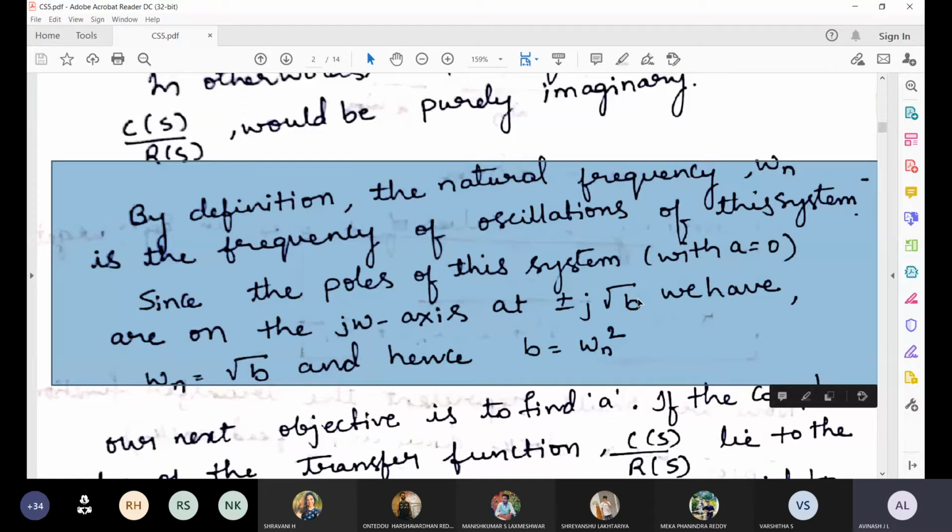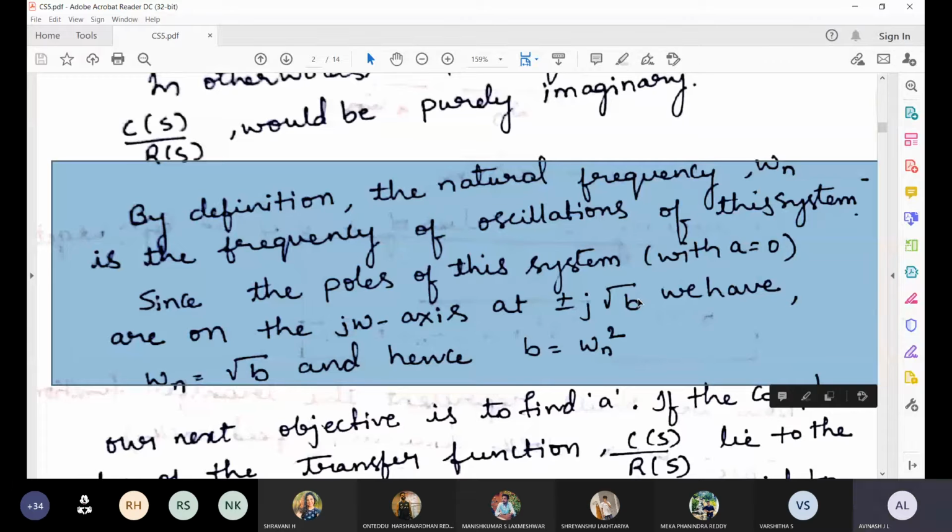When we make A equal to 0, s square plus b equal to 0 is the root equation, and the roots are plus or minus j root b on the imaginary axis. That root b value will become the natural frequency.